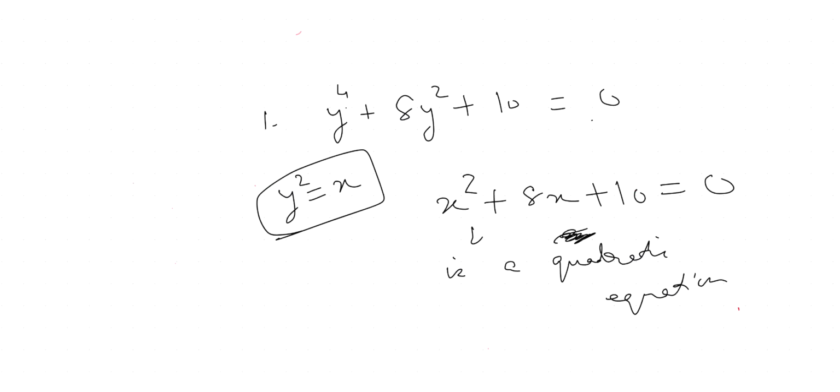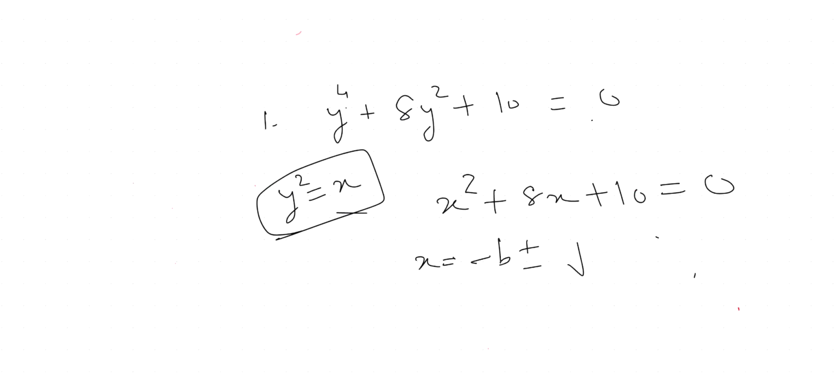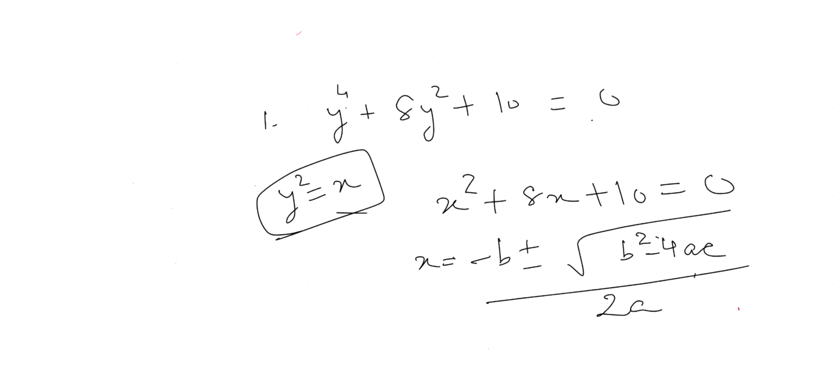Okay, let's use the formula in this case and see what value of x we are getting. The formula is x equals minus b plus minus root over b square minus 4ac by 2a.